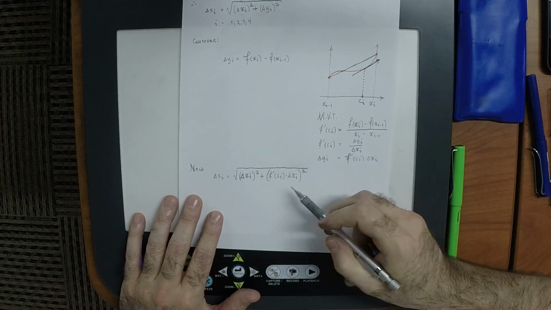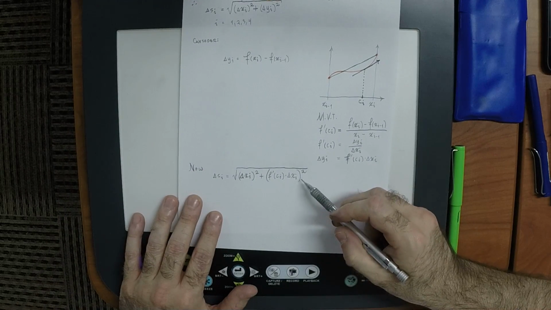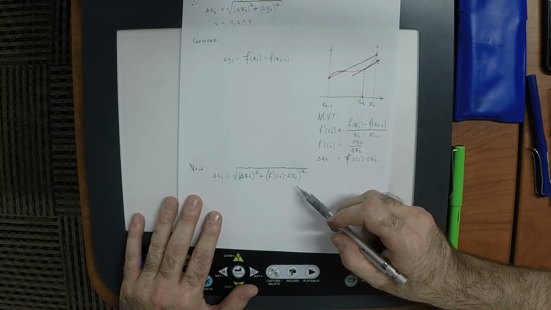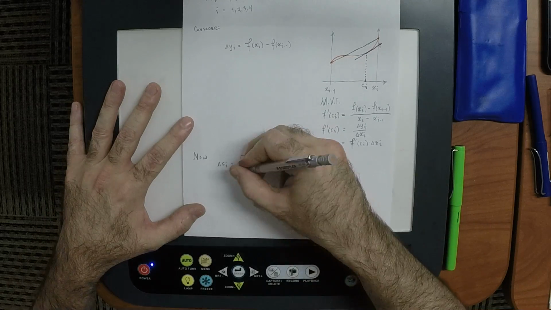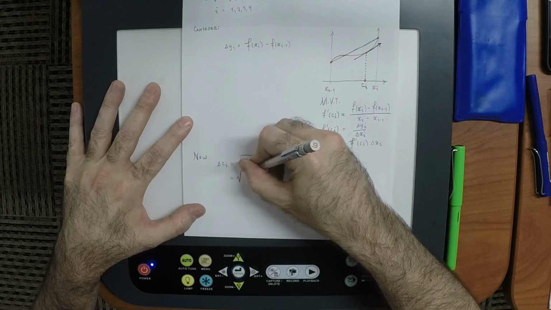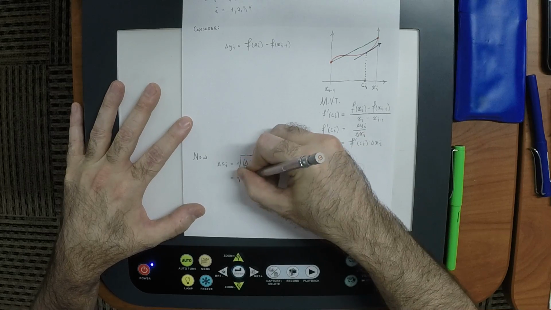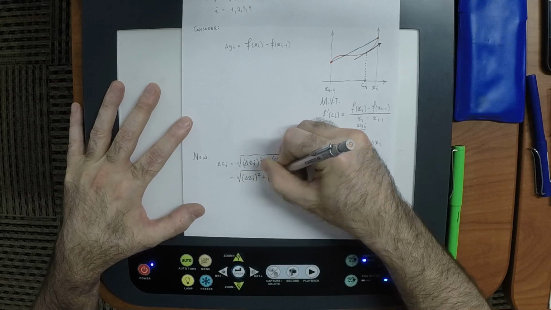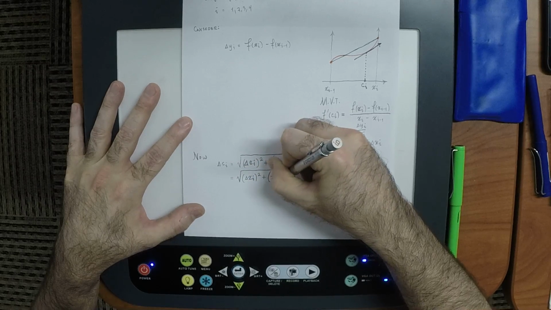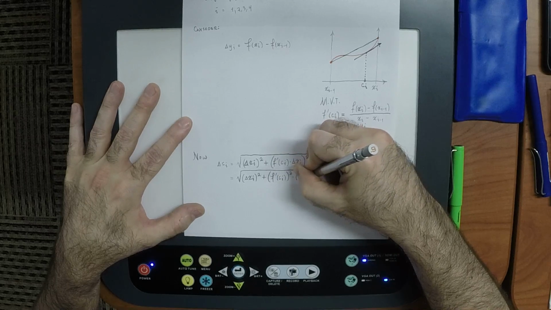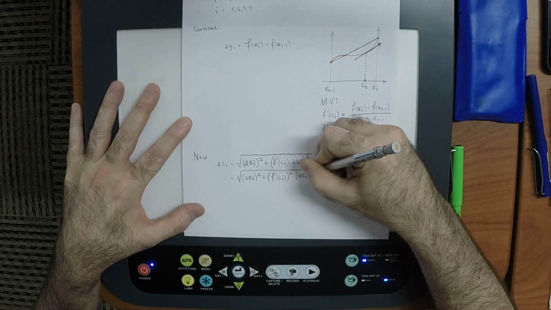Now I can distribute the squaring so that we'd be squaring the derivative and also squaring delta xi, so this would look like the square root of delta xi squared plus derivative at ci squared times delta xi squared.